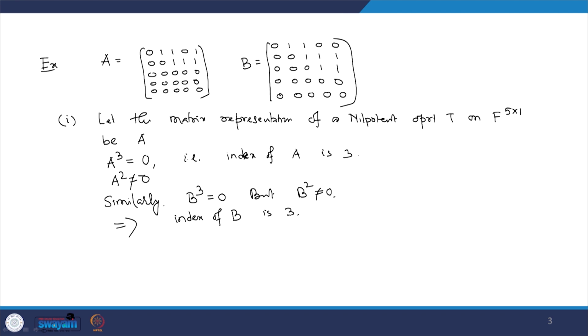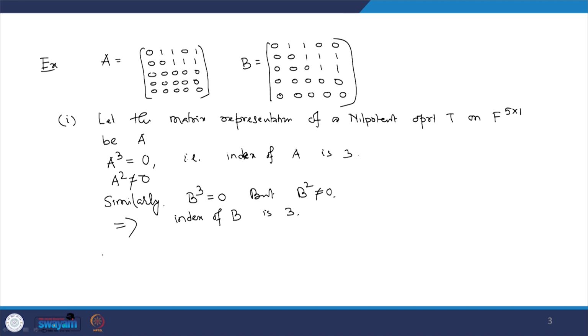So I have taken two matrices A and B, which are matrix representations of two operators with respect to the standard ordered basis, and both have nilpotent index 3. Now, the question is what is the block diagonal matrix representation?